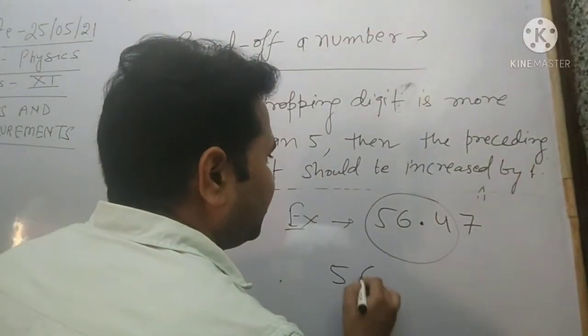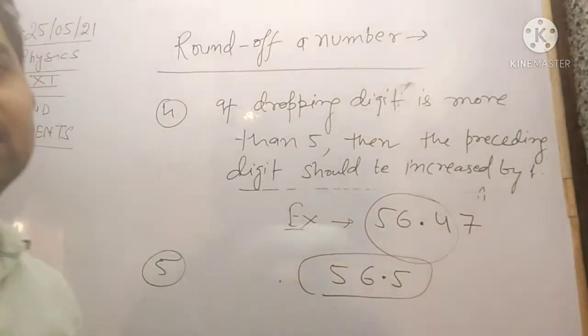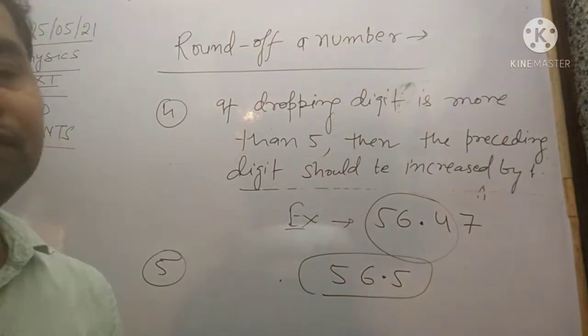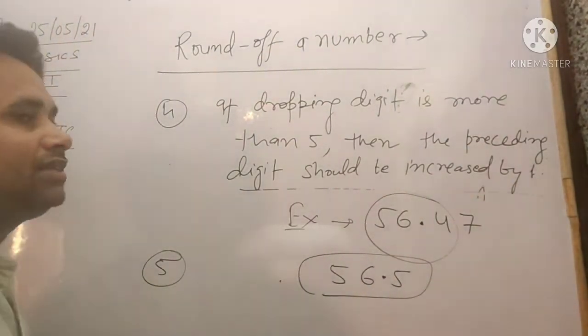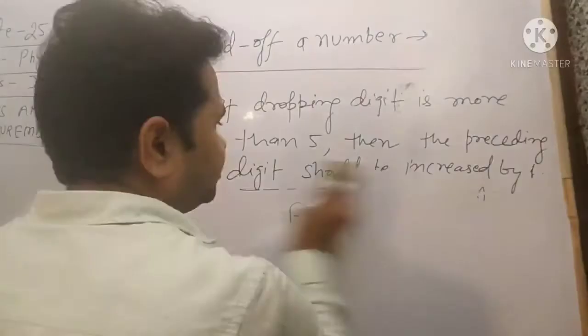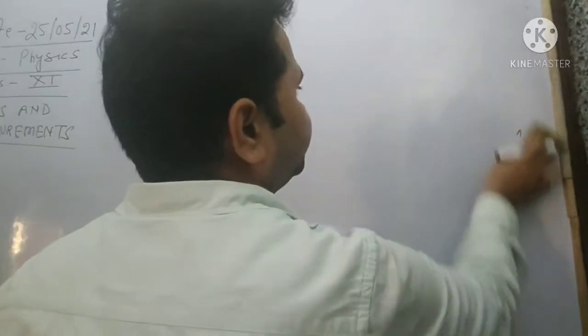Means answer will be 56.5. So these are the rules to get the round of a number up to given decimal place, up to the given significant figures. This is about the rounding of a number.